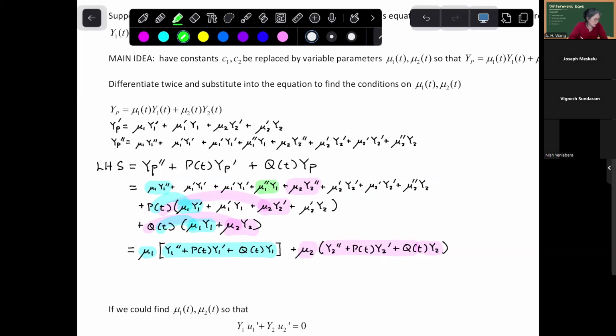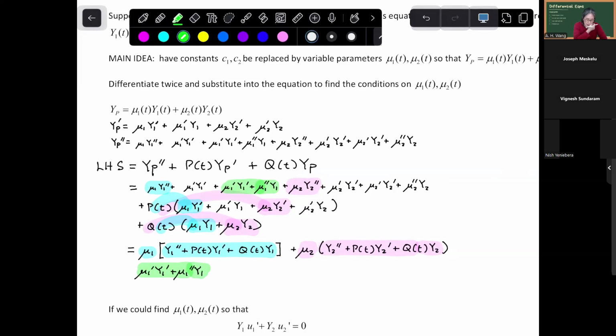Well, I want to have mu1 with derivatives. So, okay, you know what? I'm going to go ahead and just put these two right here, and copy those two. So that's going to be mu1 prime y1 prime, mu1 double prime y1. That's this.